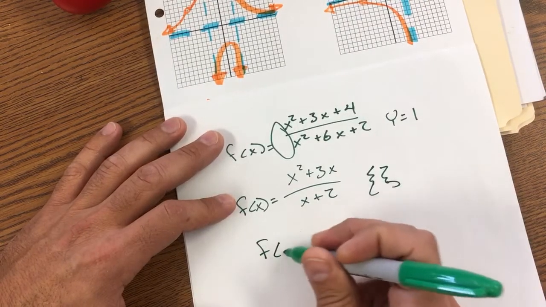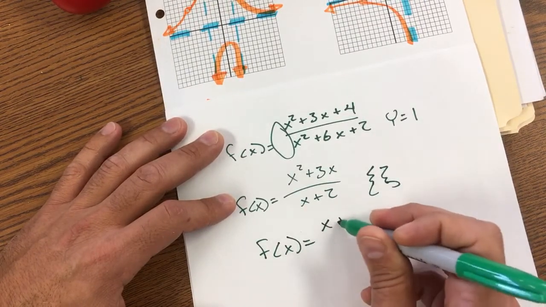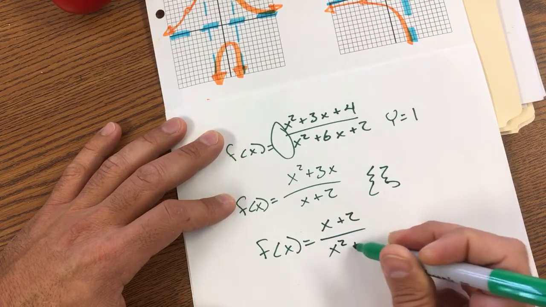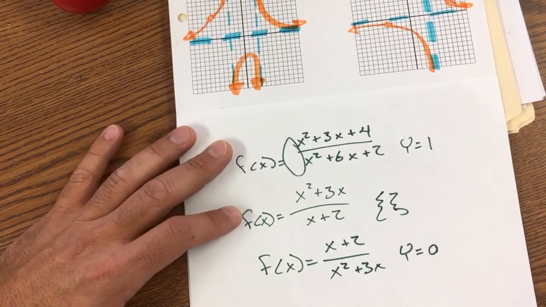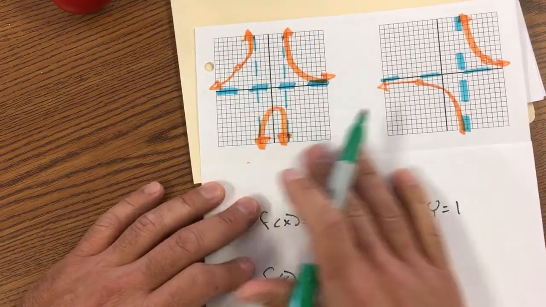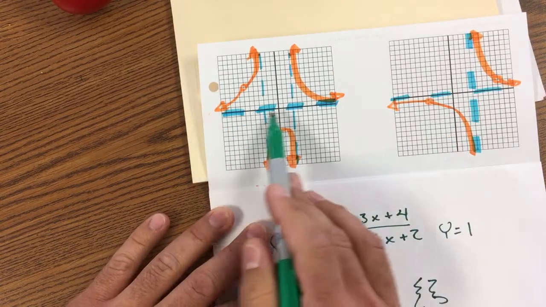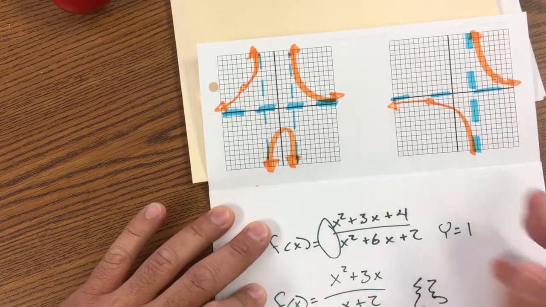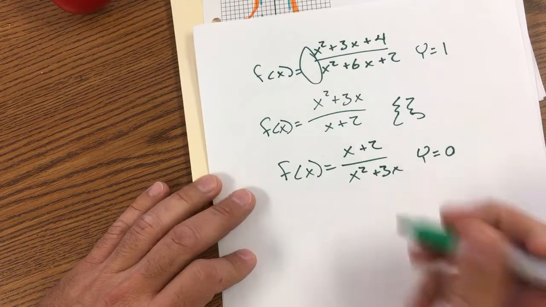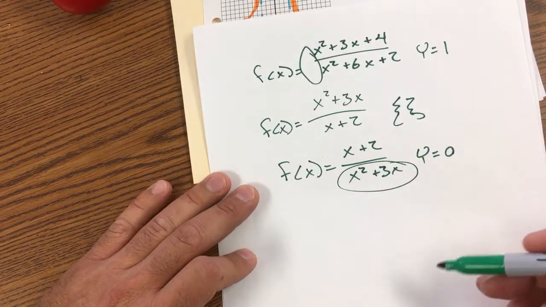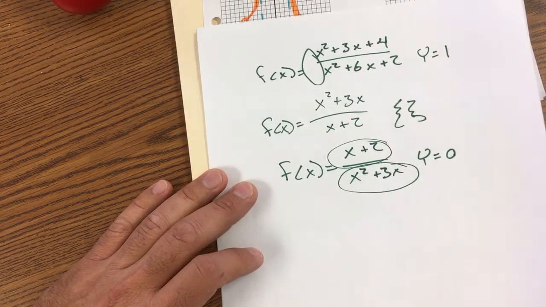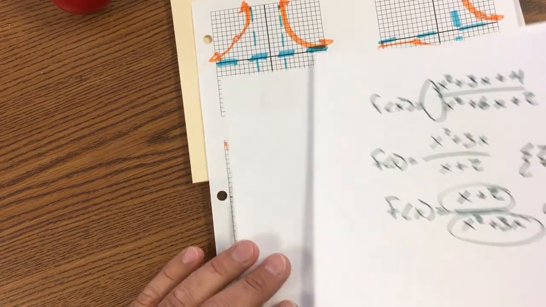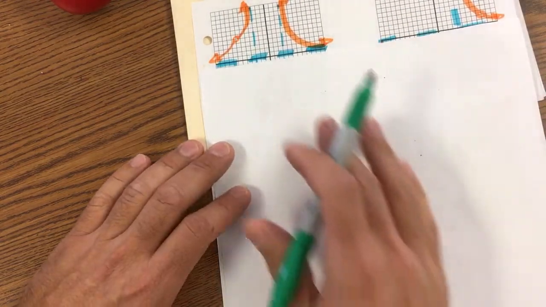And if the degree is higher on bottom, then I have a horizontal asymptote at y equals 0. I want to keep that in mind when I'm looking at these. Both of these have a horizontal asymptote at y equals 0, which tells me the denominator of my fraction needs to have more pieces than the numerator. So when I'm writing this, I'm going to keep that in mind, and if something doesn't add up right, then I'll fix it.